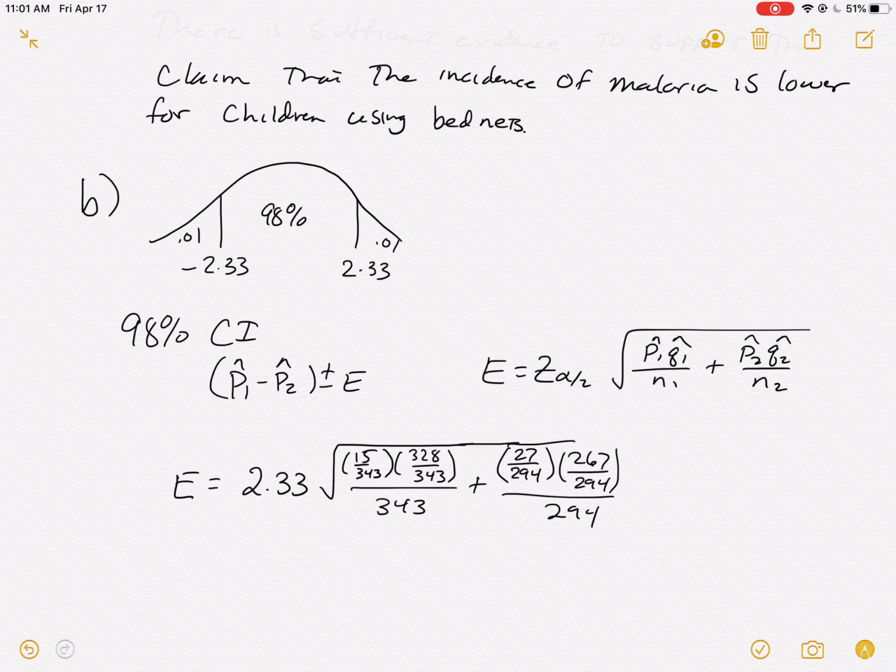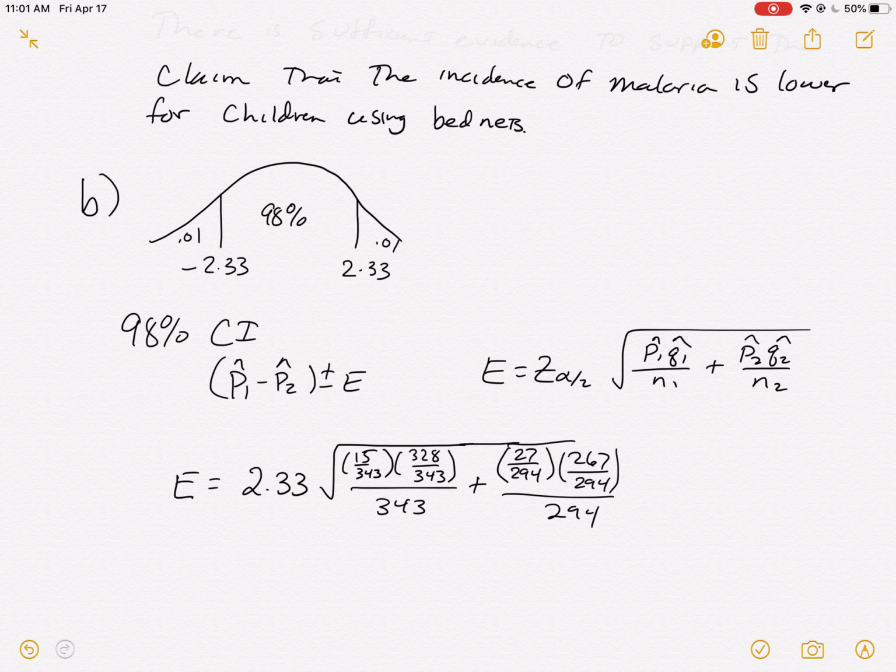So now let's run this in our calculator and see what we get as our error. If we take the 2.33 and multiply that by the square root of 15 divided by 343 times 328 divided by 343, divided by 343, that one on the bottom, plus 27 divided by 294 times 267 divided by 294, and then divide that by another 294, we'll be set.